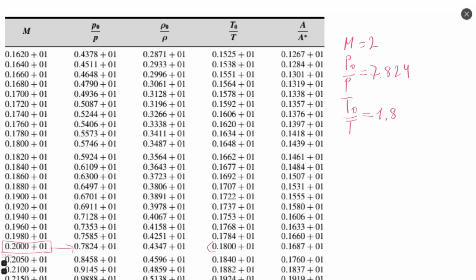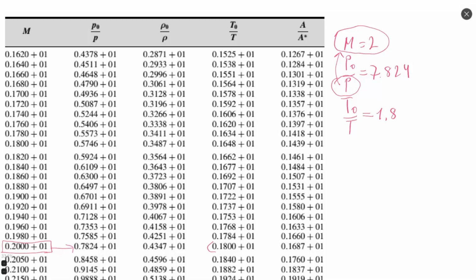So how do we understand this data? We understand it in the following way. When flow reaches Mach 2, pressure at any specific point, not in this specific point with Mach 2, will be 7.8 times smaller than stagnation pressure, which is our reference.